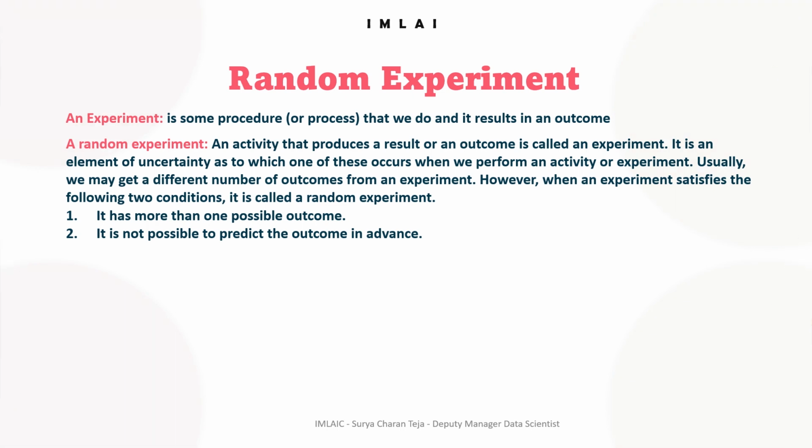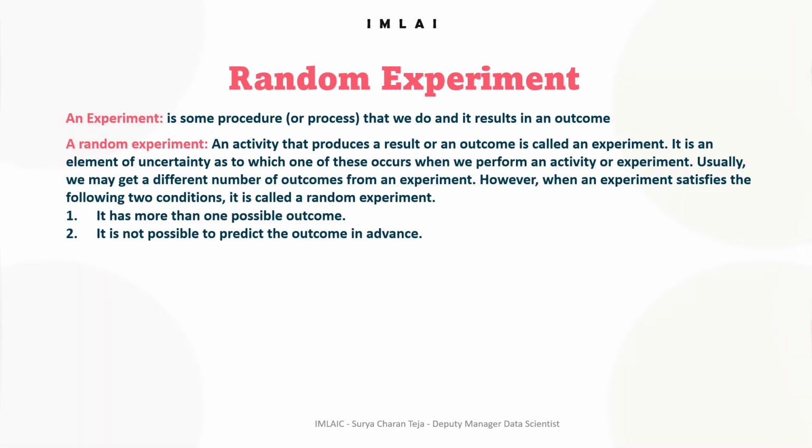So the main difference between an experiment and a random experiment is that in an experiment, the researcher manipulates the independent variables to observe their effect on the dependent variable, while in a random experiment, the outcome is determined by chance or probability.